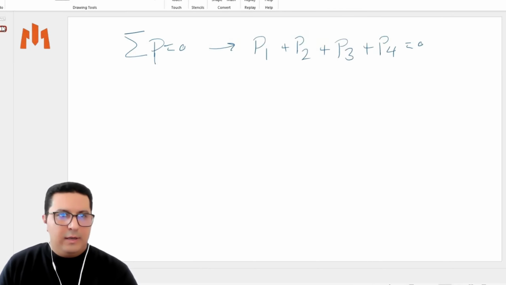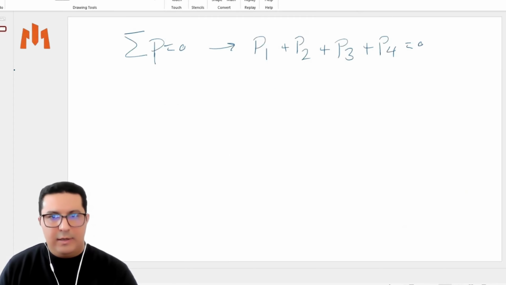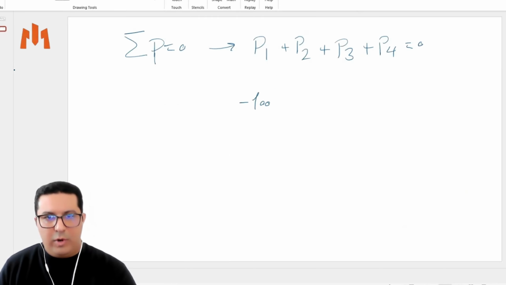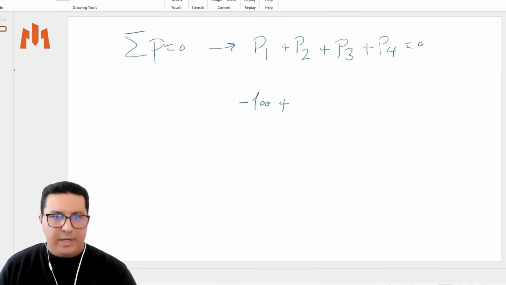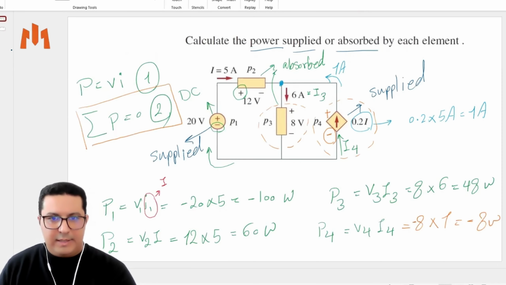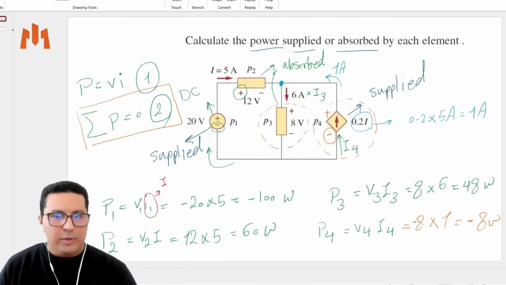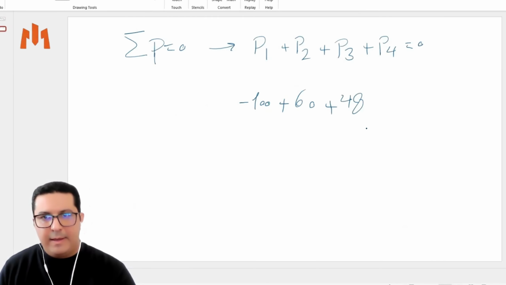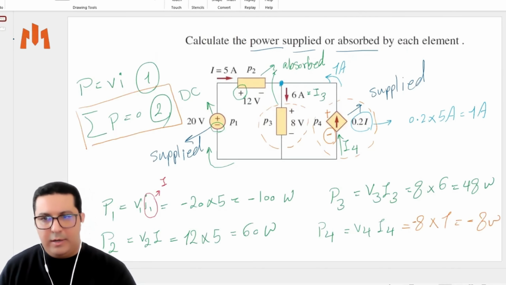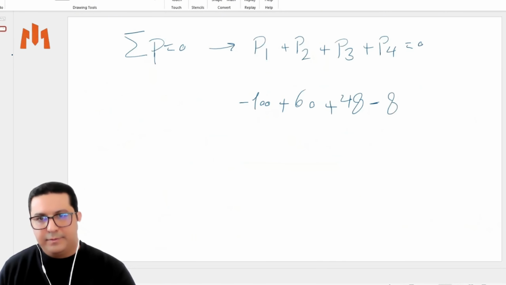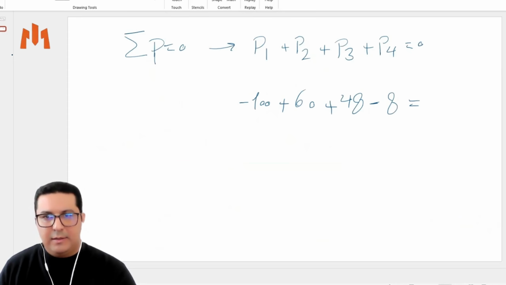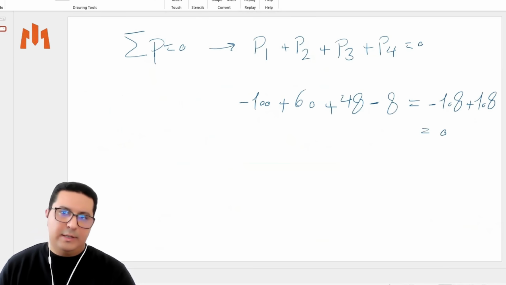Let's check. P1 is minus 100. P2 was 60. P3 was exactly 48. And P4 was minus 8. If you calculate this, it is minus 108 plus 108. It is 0.